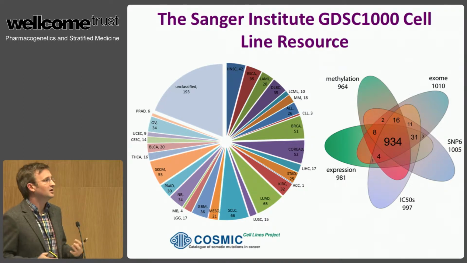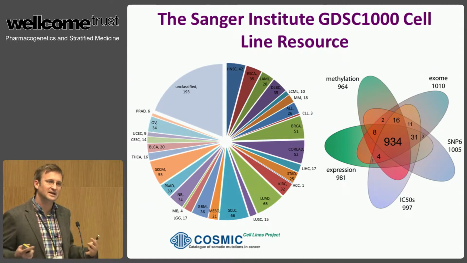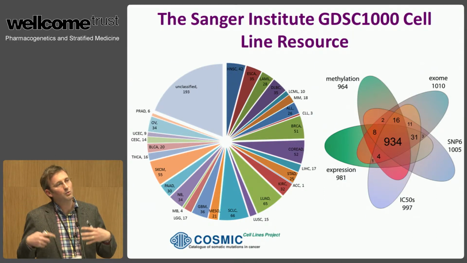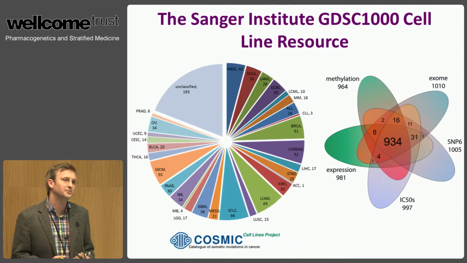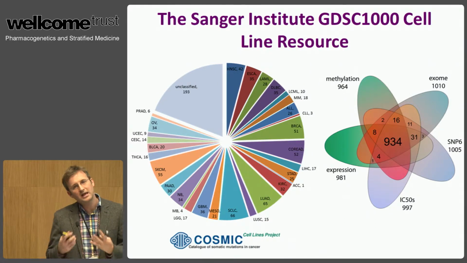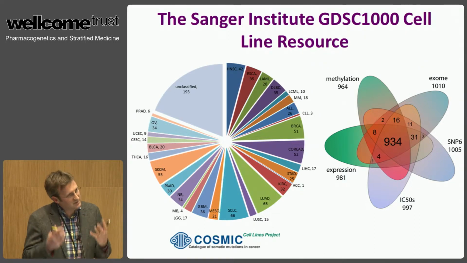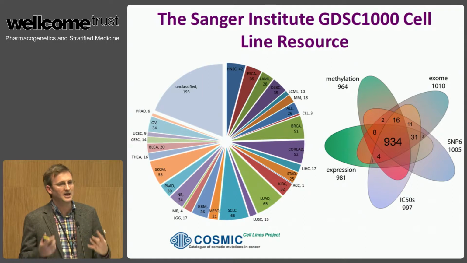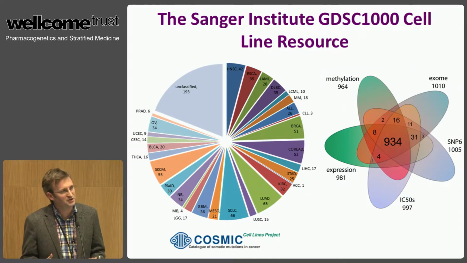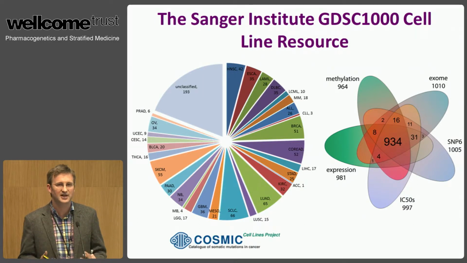And altogether, across these 5 data sets, we have now just under 1,000 cell lines that have been characterized to this level. And what this does is it enables us to look very deeply for those molecular features or combination of molecular features that are most predictive of response to this set of drugs.